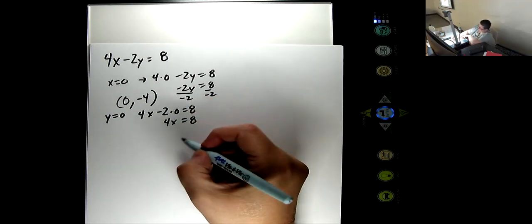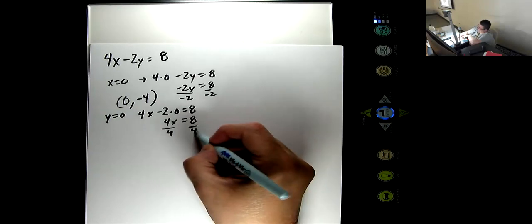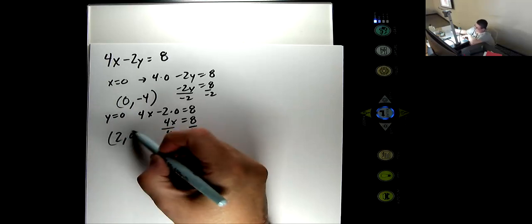And if I do y equals 0, I get 4x minus 2 times 0 equals 8. So 4x equals 8. Divide by 4, and I get x equals 2. x equals 2 when y equals 0. That was the criteria.